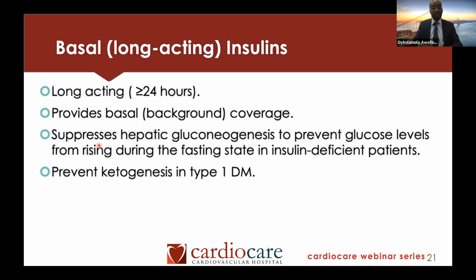So part of the consequences of insulin deficiency or insulin resistance is uncurtailed hepatic gluconeogenesis. But diabetes treatments, even oral agents like metformin, but also insulin, can suppress hepatic gluconeogenesis, and that prevents glucose levels from rising, especially in the fasting state, in people who are functionally insulin deficient.